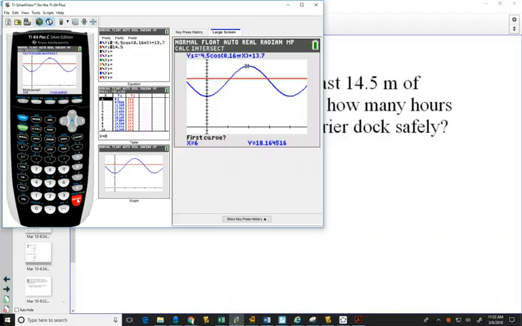Either push 5 or hit Intersect. And once you get on your curves, it says, which one do you want to be your first curve? So push Enter. Which one do you want to be your second curve? And it goes to the second one. Push Enter. Guess. It always asks you to guess. I think they're going to intersect here. And then it finds whatever intersection is the closest.